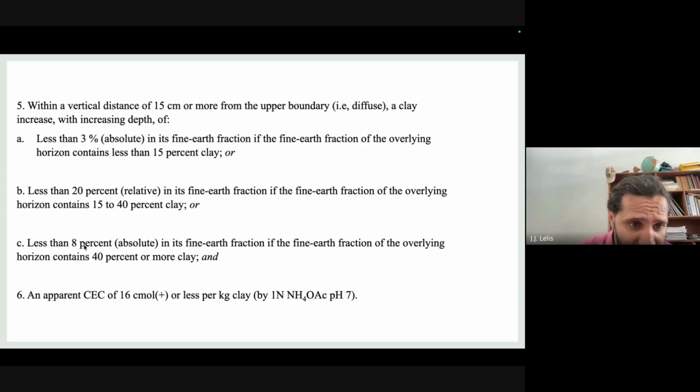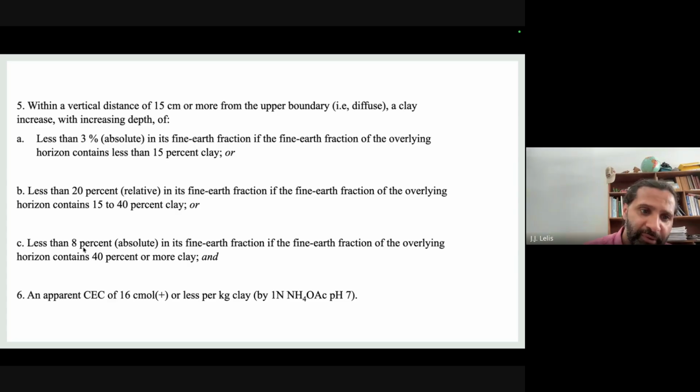The B horizon should register 43, 44, 45, 46, 47, 48, 49, but should not register 50, okay? Because in this case, it will fit the criteria. So you just need to think that it is the opposite of the candic, argillic, or natric horizons, okay?